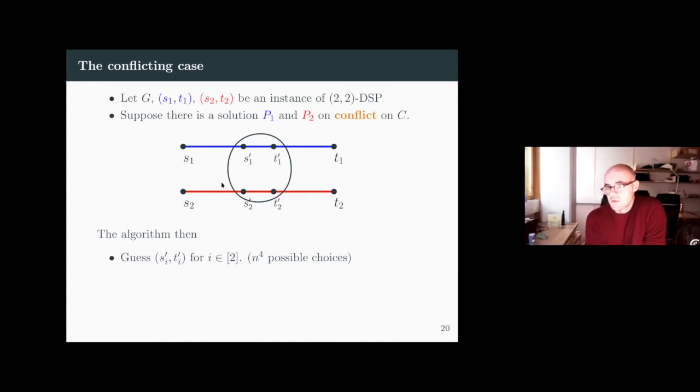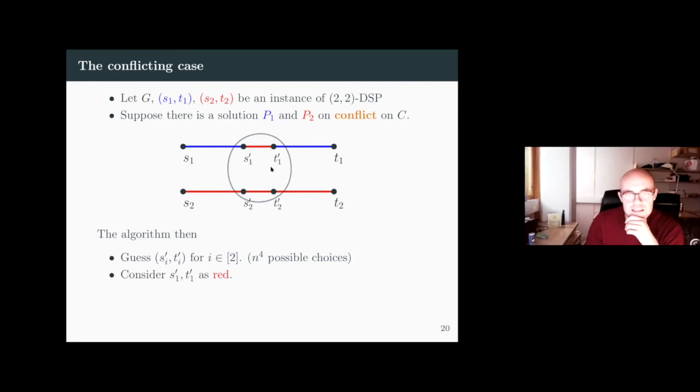This is what we wanted: to use Fortune's algorithm in the blue setting and the red setting independently, and to do that you have to be sure that red and blue paths cannot intersect. Here it works for every path except these two, which might intersect. This is the definition of the conflicting component.